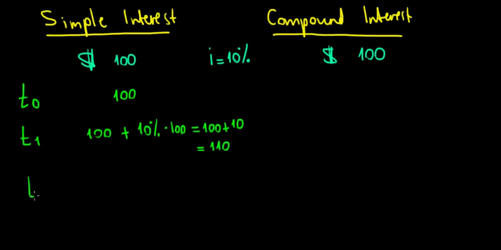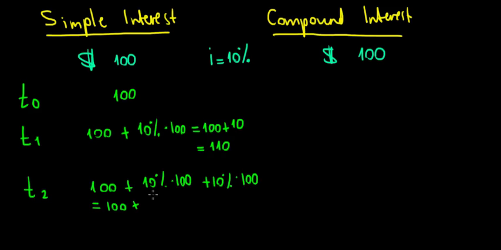Okay, what happens in 2 years from now? Well, we will have $100 plus 10% of $100 for 1 year and another 10% from $100 for the second year. So that's equal to 100 plus 10 plus 10, which is equal to 120. So we have $110, $120. Let's do it for one more year.